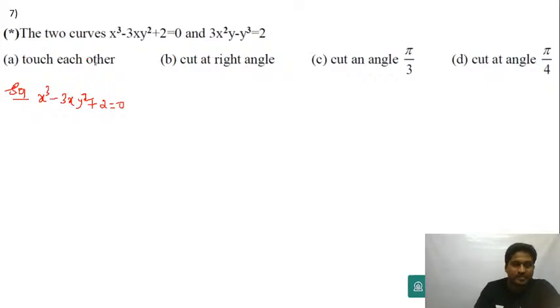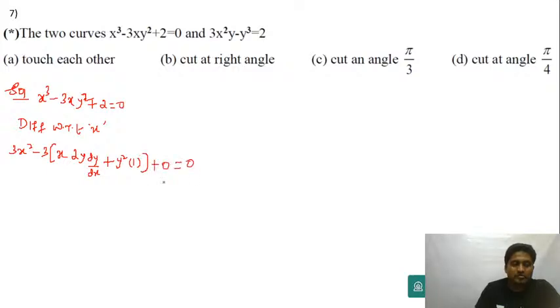Now if I differentiate with respect to x, differentiation of x cube is 3x square, minus 3 into a bracket, first function is x, differentiation of y square is 2y into dy by dx, plus second function is y square and differentiation of x is 1. Close the bracket, differentiation of 2 is 0 and that's equal to 0.